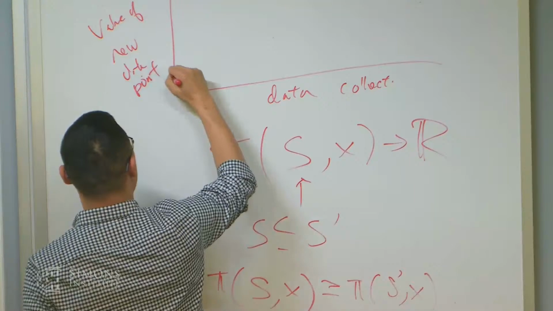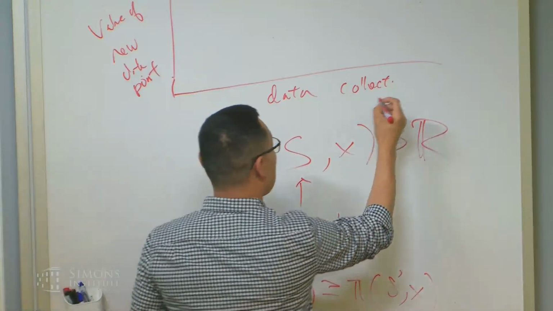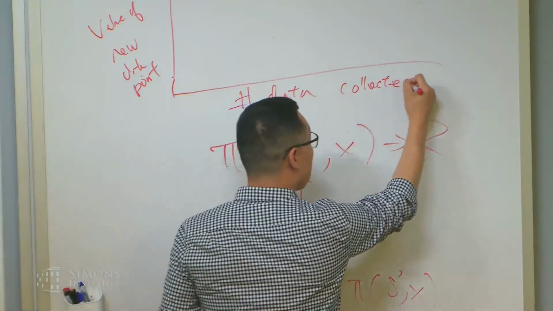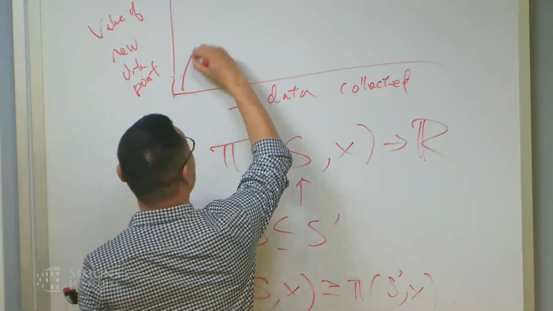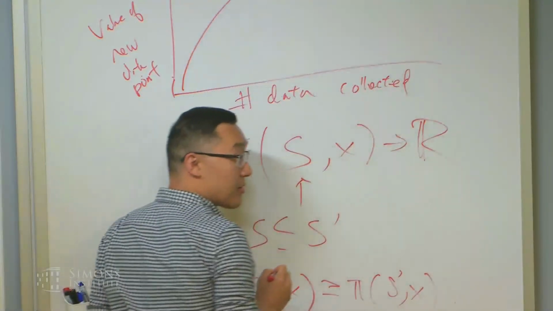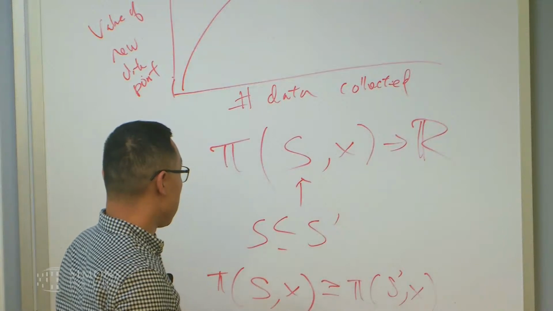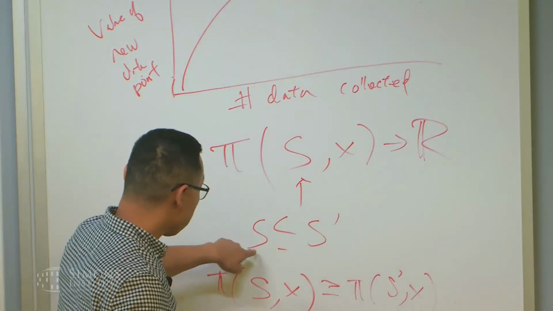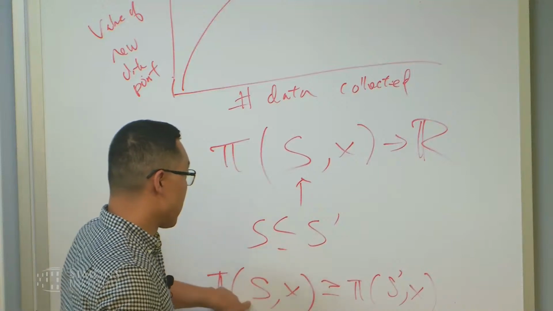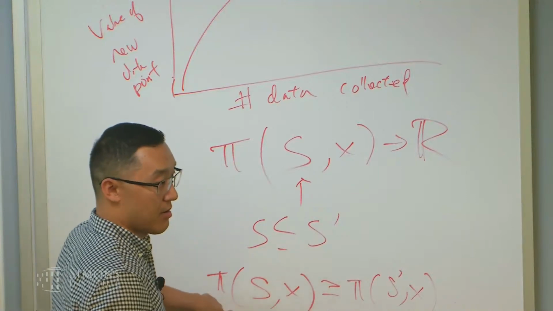Sorry, my handwriting is terrible. So submodular basically means this curve looks like this. But you're saying that if I give you more background data, then the value of information will be more? No, if I give you less. If I give you less background, oh, okay, got it.